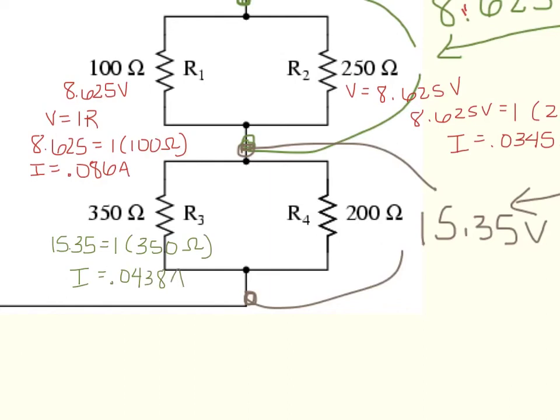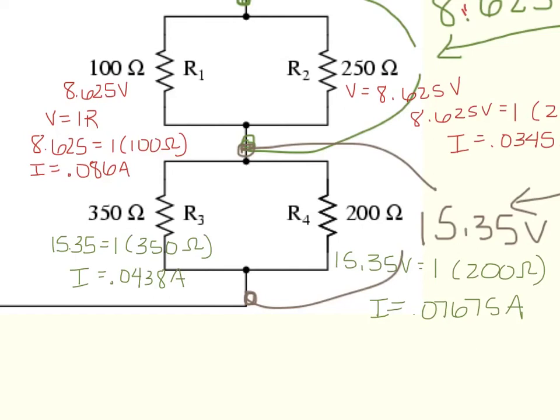Over here, we would have 15.35 volts equaling current times 200 ohms, and my current would end up equaling 0.07675 amps.